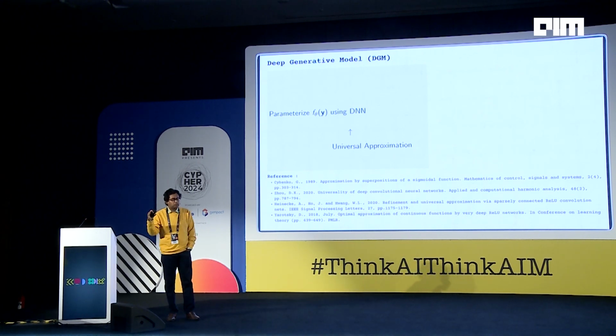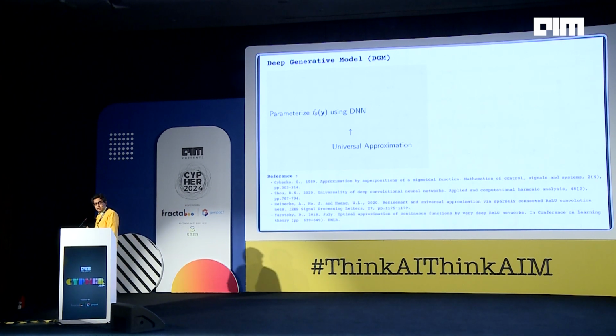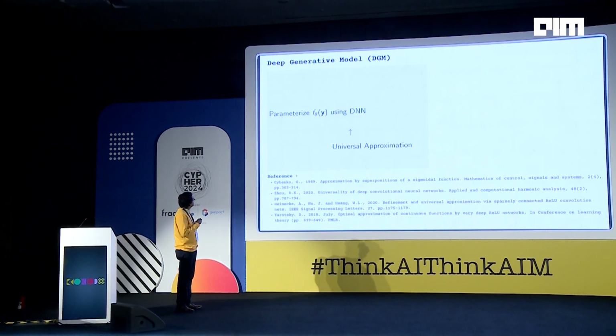And if it is more than one layer, if it is multi-layer, then any unbounded function can also be approximated. That's why neural nets are called universal approximators. So the whole idea is you approximate this f_theta(y) using a deep neural net.